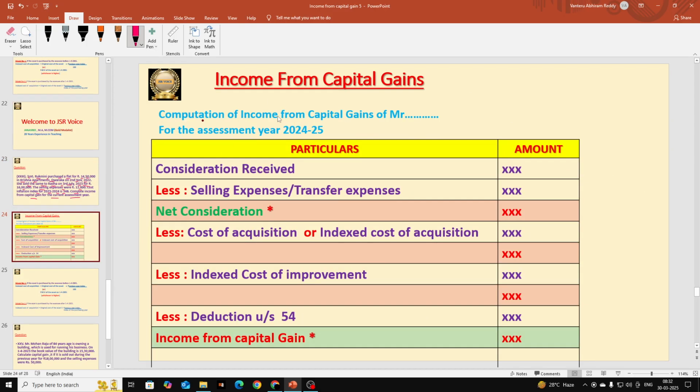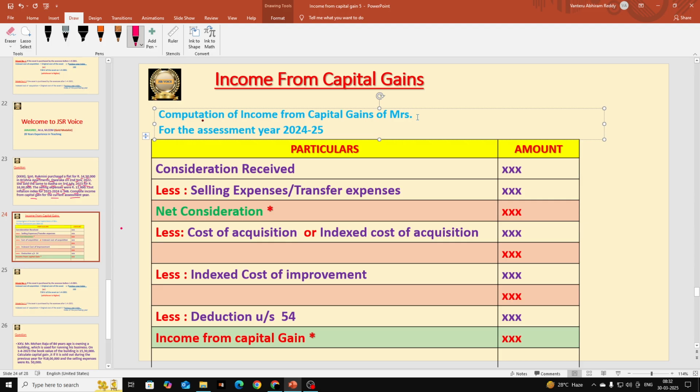Whenever you do a solution, first of all you have to know the format. The format we are going to follow, you should know before going into the solution. This is the format that we are going to follow. On the top we should give a heading, students. What heading? Computation of income from capital gains of Mrs. Rukmini.